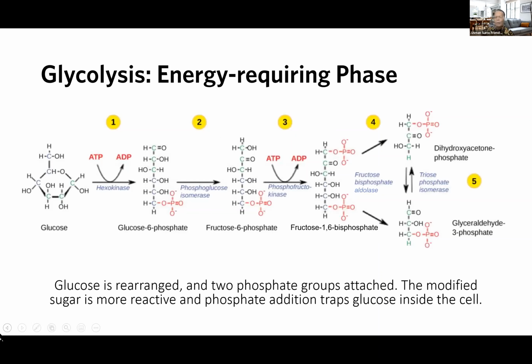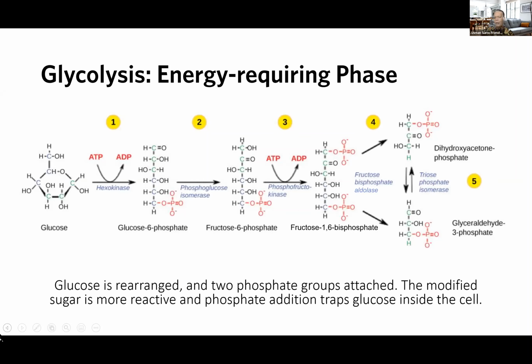As I mentioned before, in discussing glycolysis, there are at least two phases that you should remember. The first one is the energy requiring phase, and the second one is the energy producing phase.